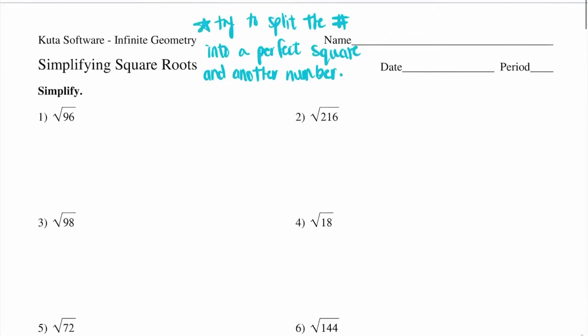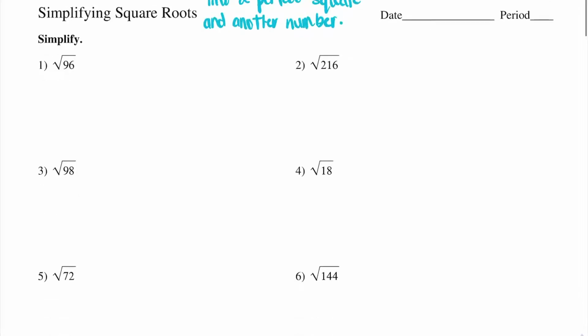If you do this, I feel like it's the most direct way to simplify square roots. If we take a look at the first problem, we have 96, and honestly, it's a little bit of a, I don't want to say guess and check, but if you're not super comfortable with your perfect squares, it might become something like that.